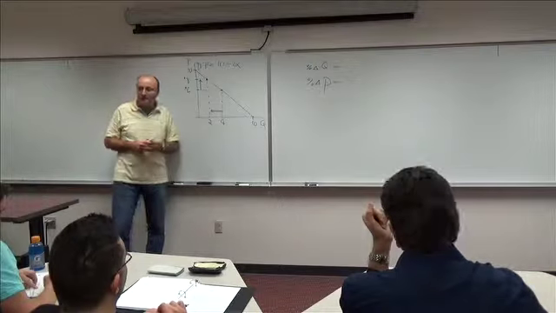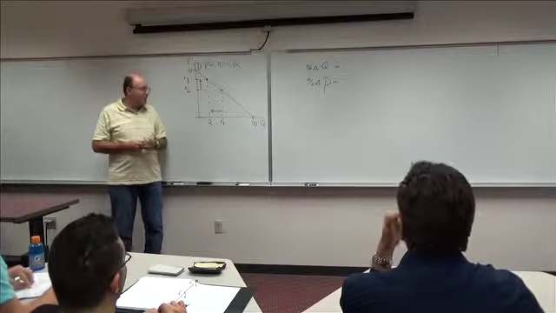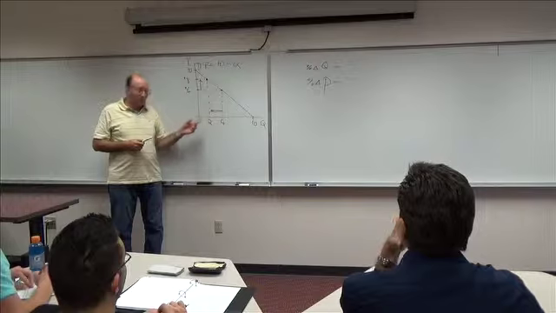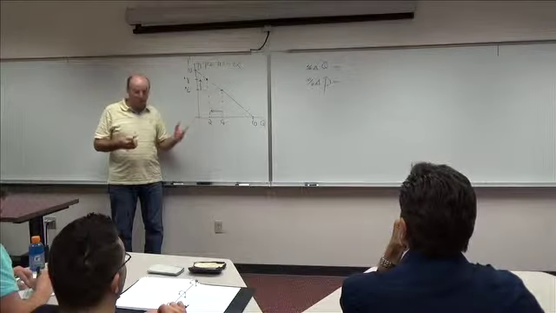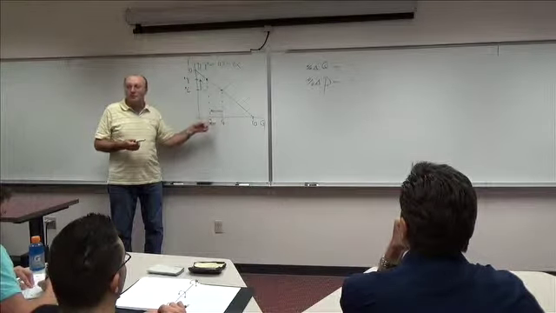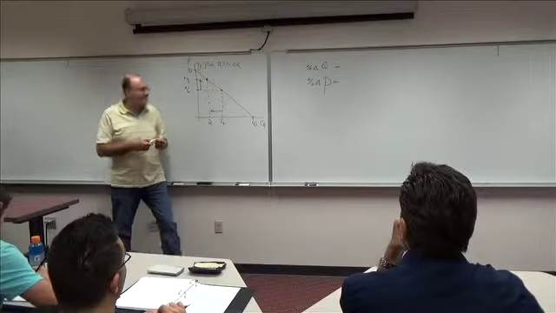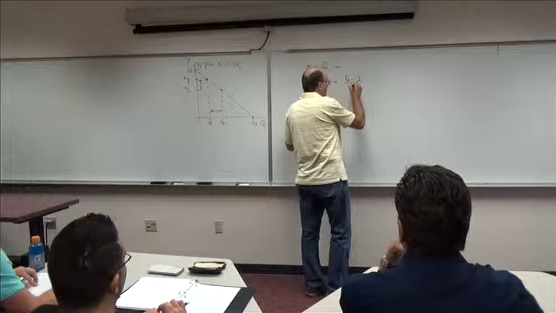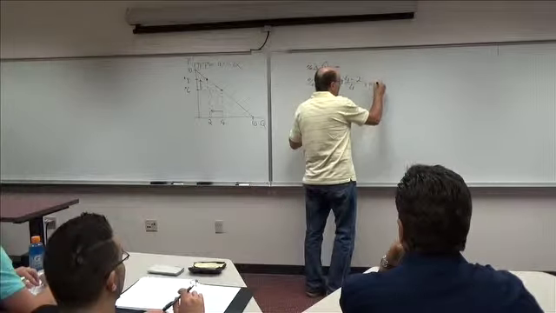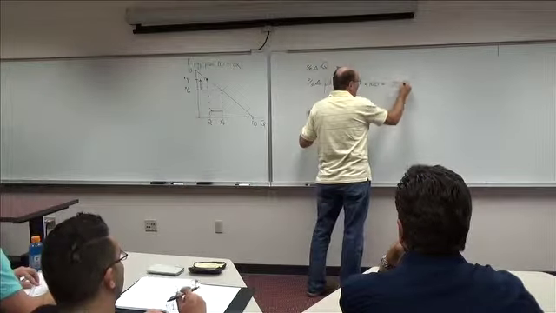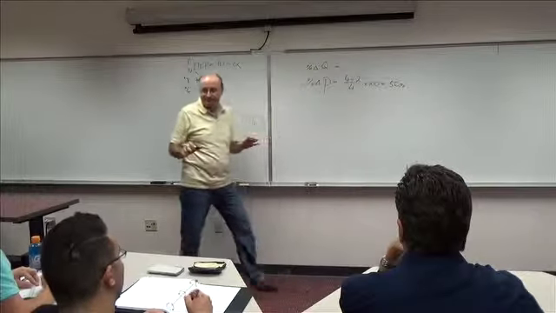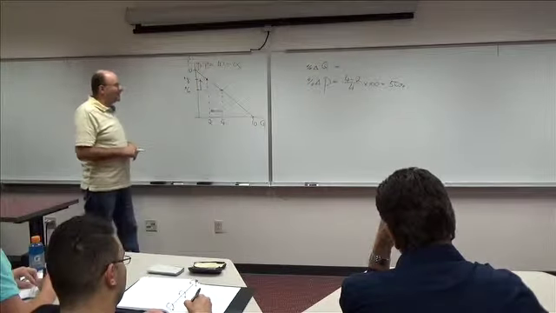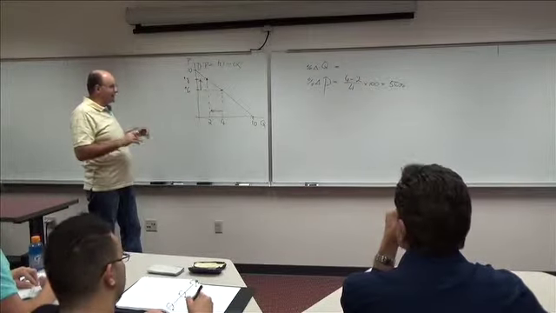2 divided by 4 is, well, 1/2 is 50%. Correct. 4 minus 2 over 4 times 100, right? Correct? Very good. Yes, correct.